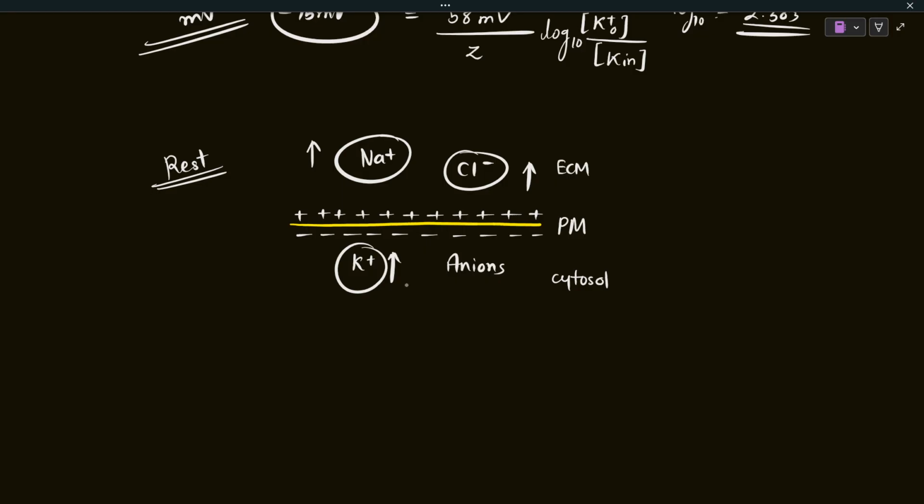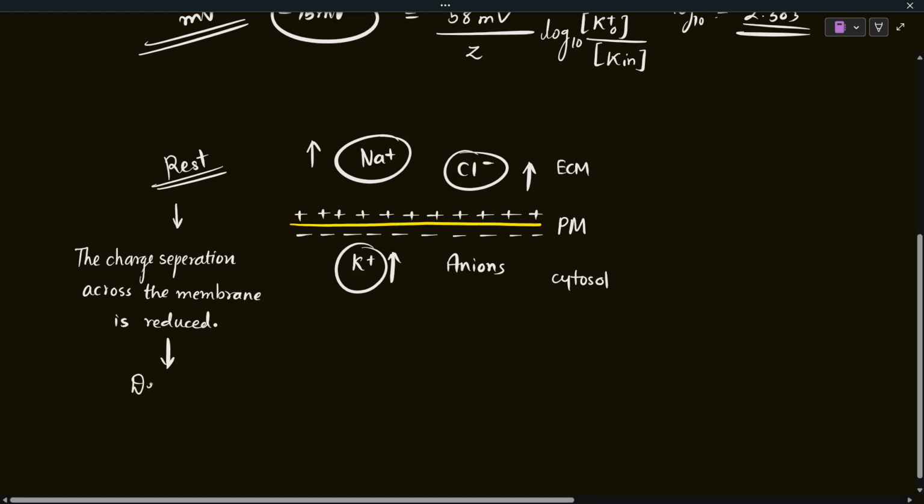So the charge separation which was there at rest is either reduced or increased. In the normal scenario the charge separation across the membrane is reduced, which results in depolarization of the membrane. Okay, so the very first thing that happens is the depolarization of the membrane.